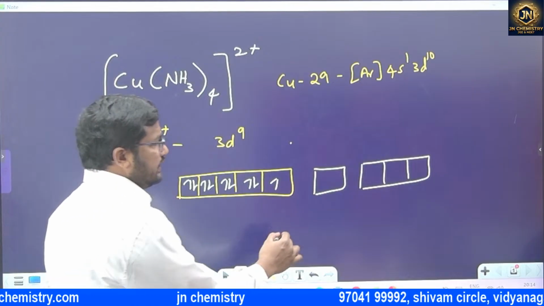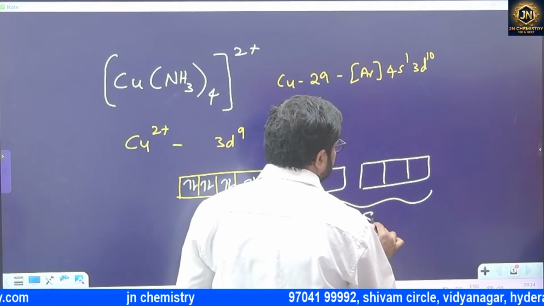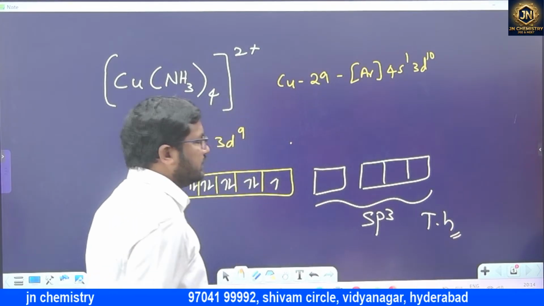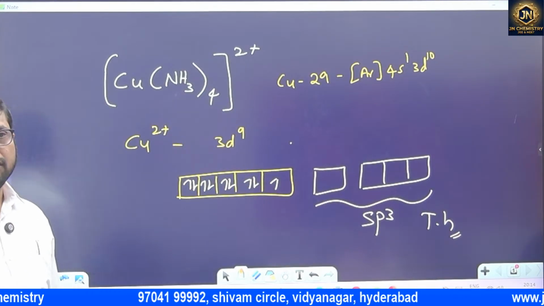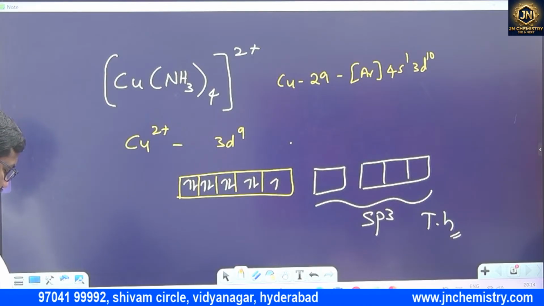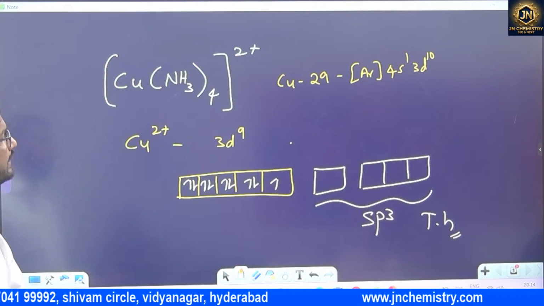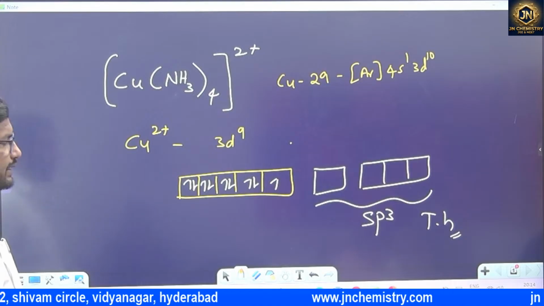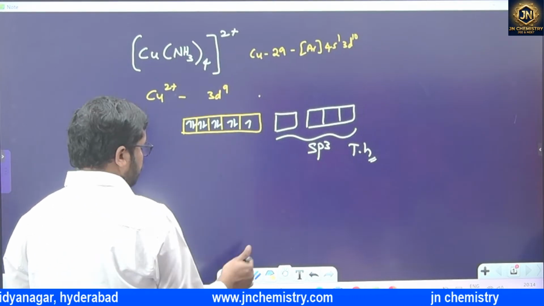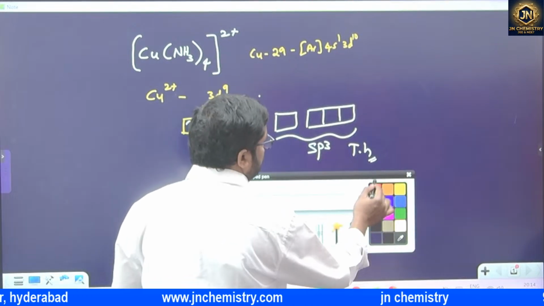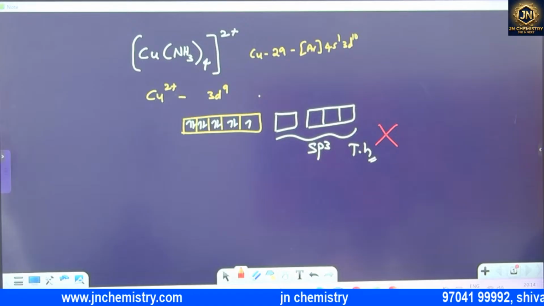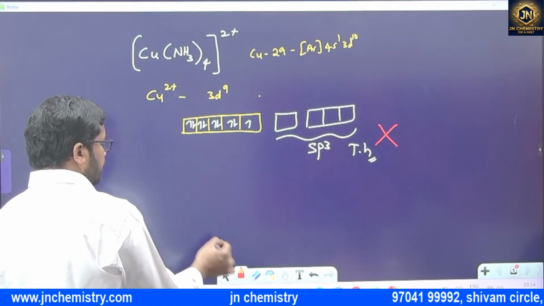So we'll think that this is sp3, tetrahedral structure, right? But Pauling told that it is a square planar structure. Experimentally they determined that. So this tetrahedral is wrong, he told that square planar structure is right.